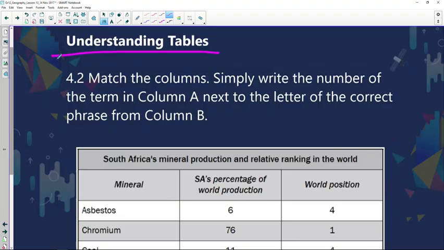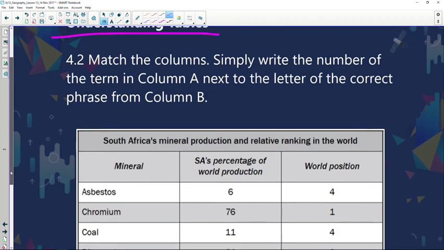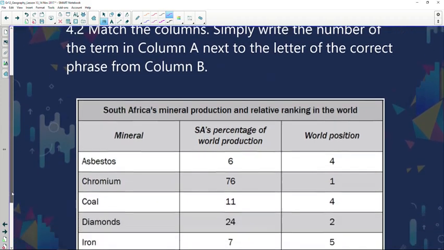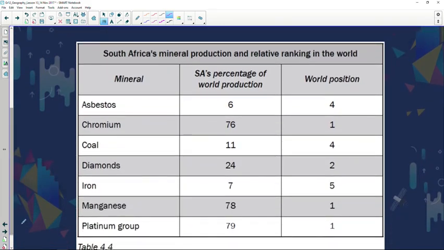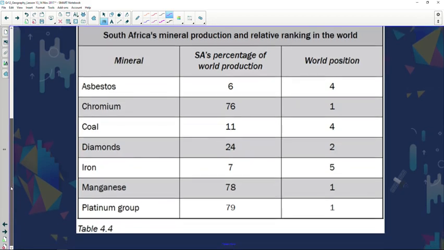Now, especially in question 3 and 4, they might give you a table with a set of information. This table, which you see on my screen, is showing the mineral production in South Africa. So this is all raw material. What's actually crazy about it, like I've mentioned before, is that South Africa is extremely rich in minerals.